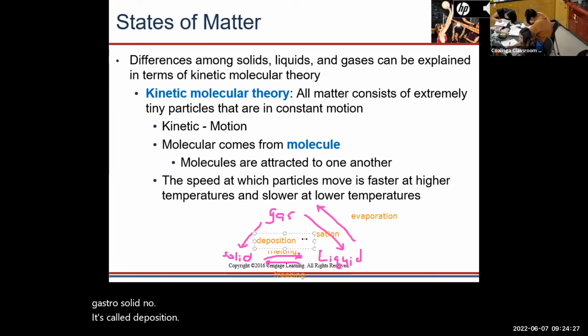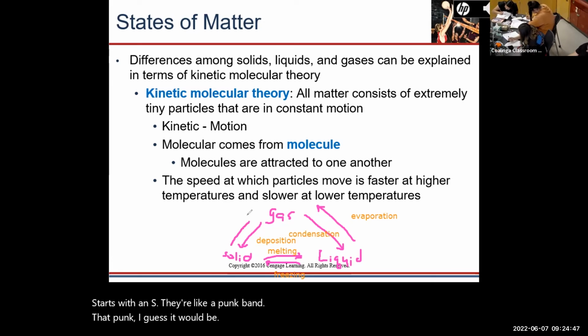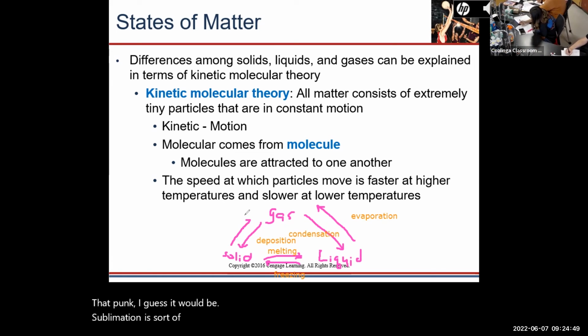Going from a solid to a gas, I guess it would be sublimation. Okay, so it's dry.